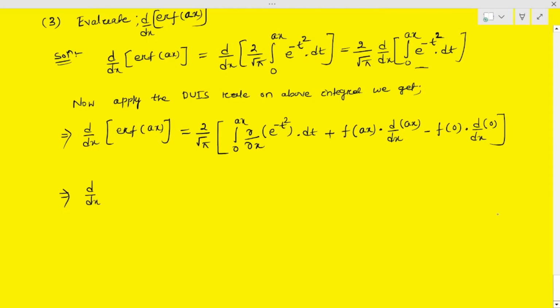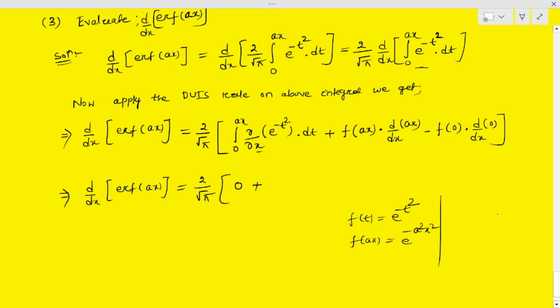That implies d by dx of error function of ax will be equal to 2 by root pi. This is the differentiation with respect to t function only, so this term will be 0, plus f of ax. f of t is e to the power minus t square, so f of ax will be e to the minus a square x square, into d by dx of ax, which is a.